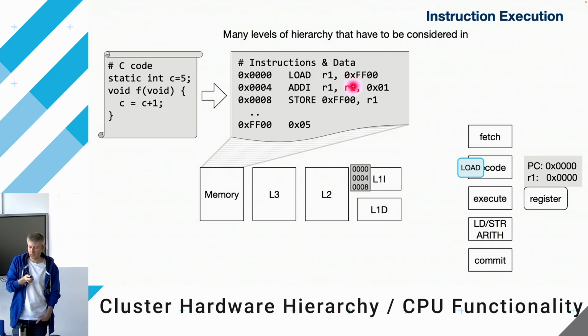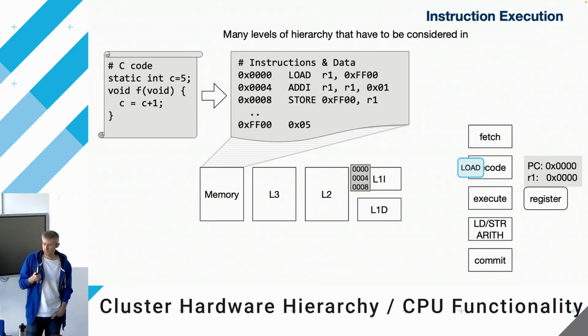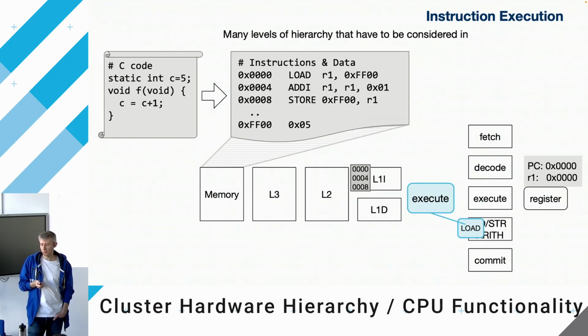Therefore, it has here some static address that it knows where the variable is stored. And the idea is to load this data from this address into our R1 register. Therefore, the CPU core knows it's a load instruction, and we can go over to the execute phase.